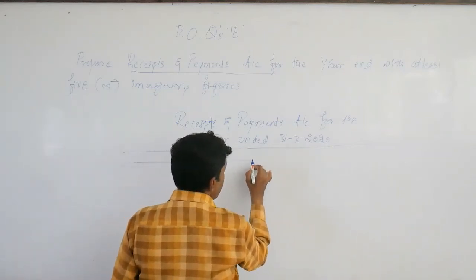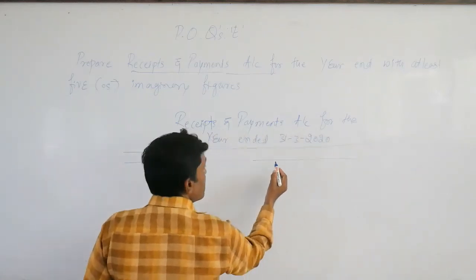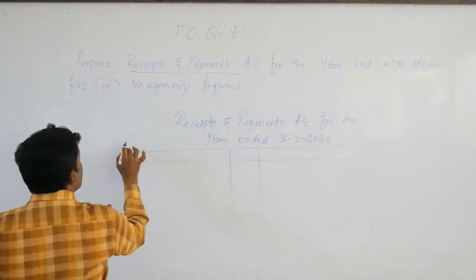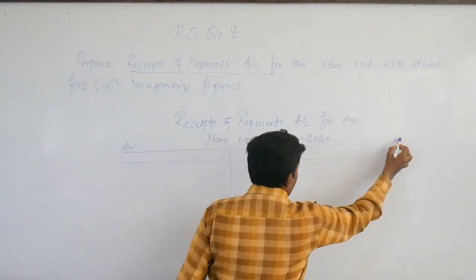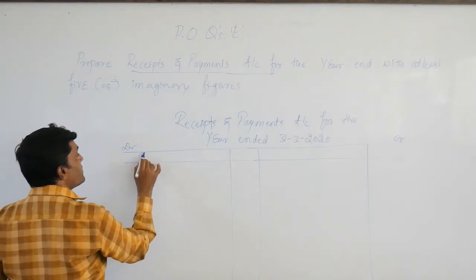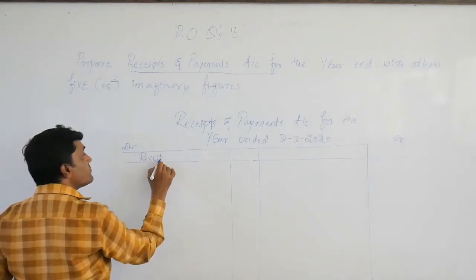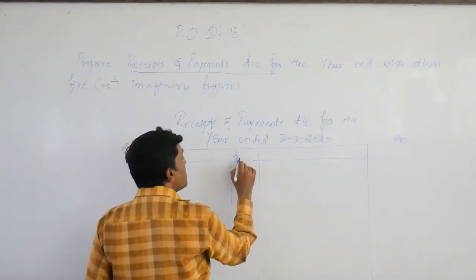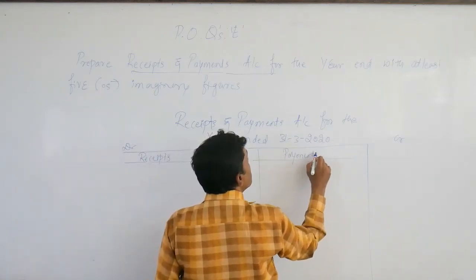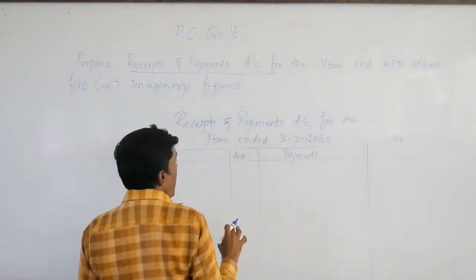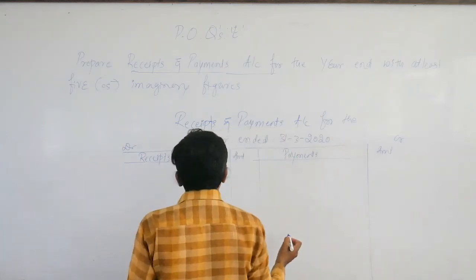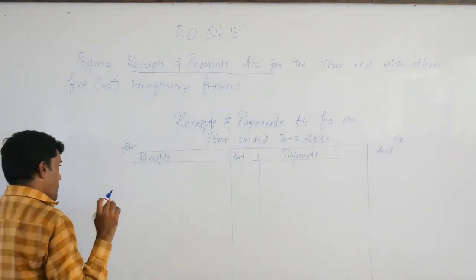It contains receipts and payments. As I said, it is a real account. We need to write Dr and Cr. So look here, receipts, amount, payments. We need to write the items as well as the amounts with our own imagination.